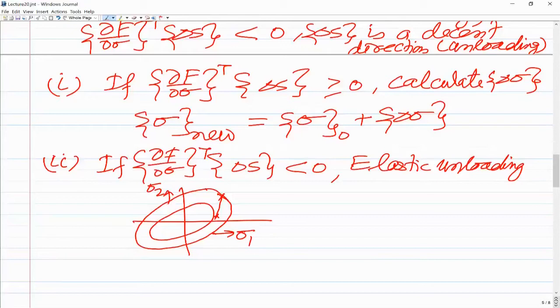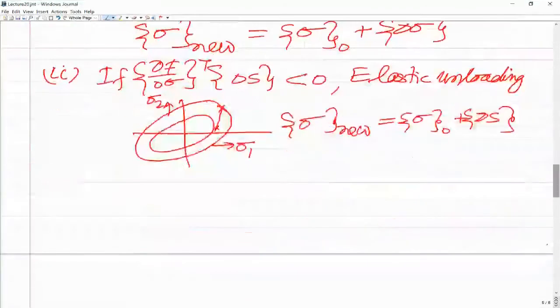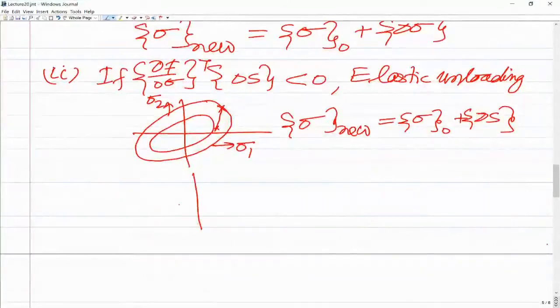Then the entire step is elastic unloading, and you can calculate sigma new, the stress for the current step, as sigma naught plus delta s; it is simply equal to the trial stress. But the other possibility is that it is unloading in the other direction, which most of the time is unlikely because you will take smaller steps, but that possibility can be there.